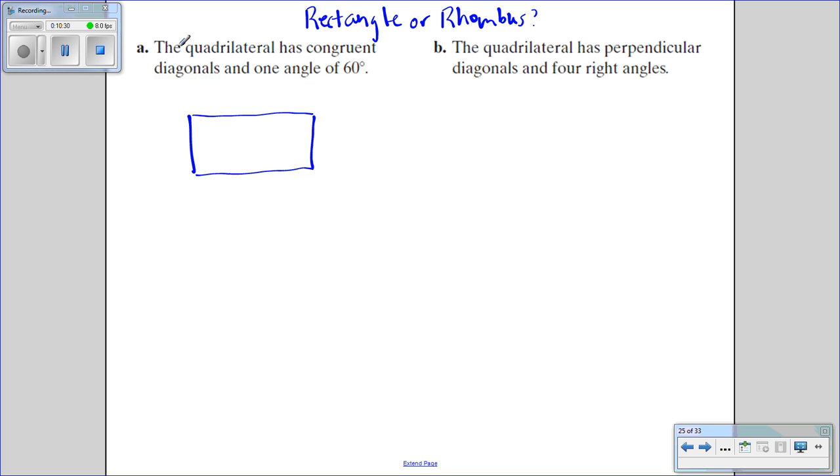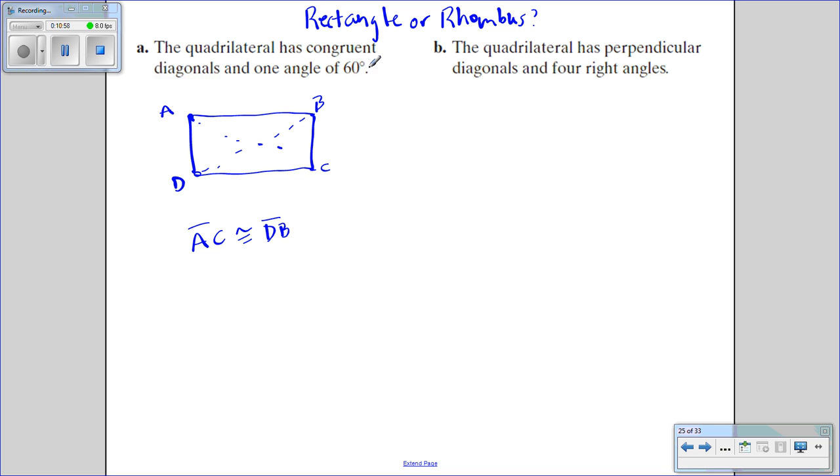It says has congruent diagonals. So let's label this A, B, C, D. So I know from A to C is congruent to DB. So this diagonal here is congruent to that diagonal there.